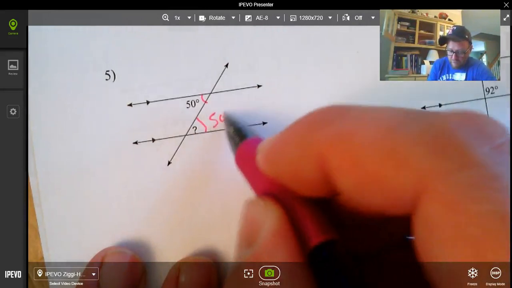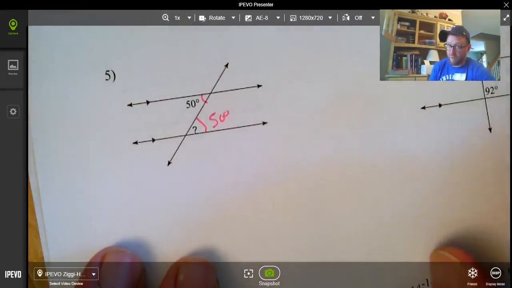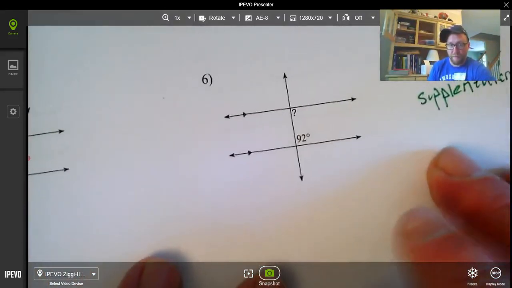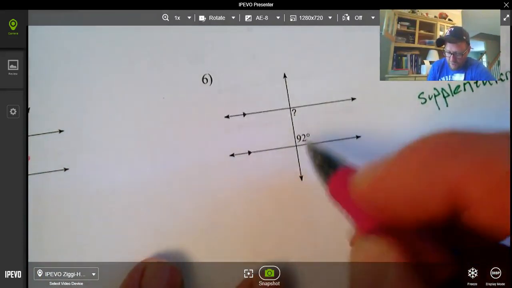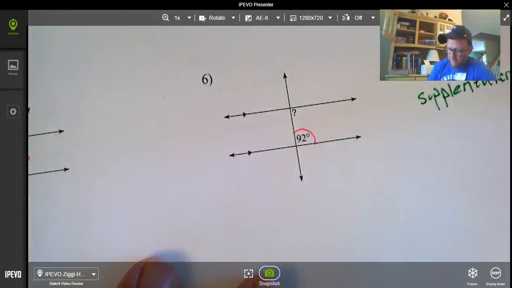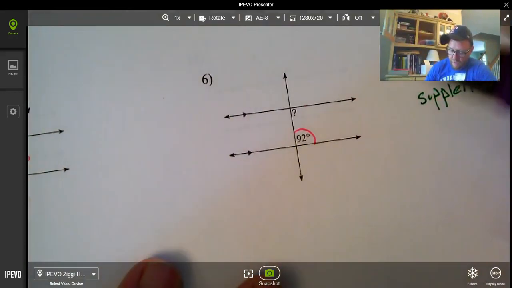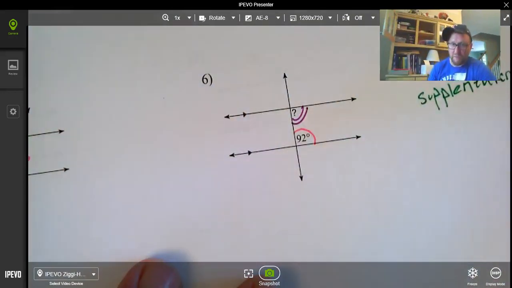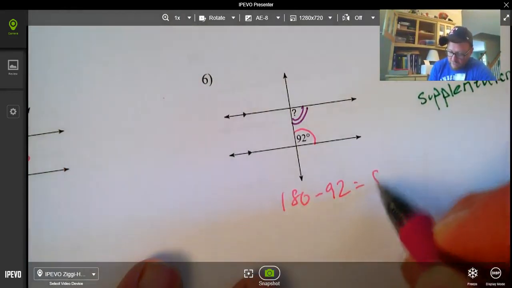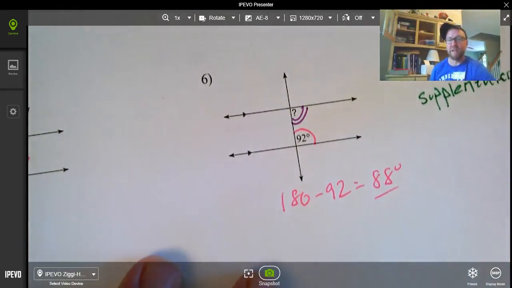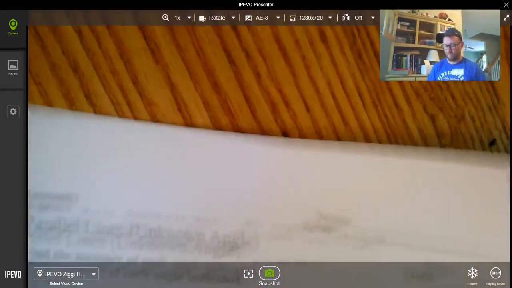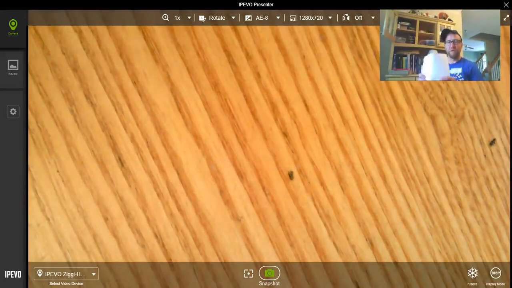So this is 50 degrees because they're congruent when the lines are parallel. Here, this is an example of same side interior angles, supplementary. 180 minus 92 is 88. Okay. Let's take a look at some more examples.